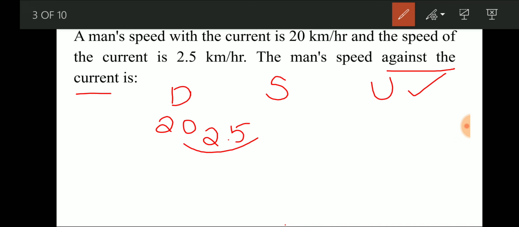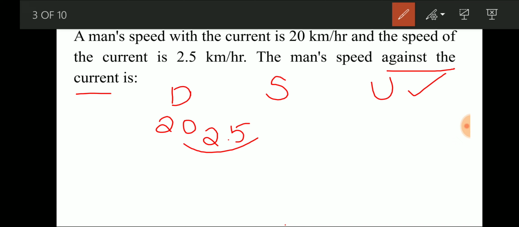If a man rows at the rate of 9 kilometers per hour in still water, and his rate against the current, which is upstream, is 5 kilometers per hour, the man's rate along the current, which is downstream, is asked for. So we very easily know still water is 9, upstream is 5, which means minus 4. 9 minus 4 gives you 5, because the stream speed is subtracted from still water.